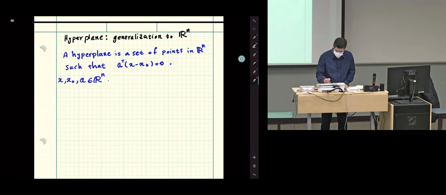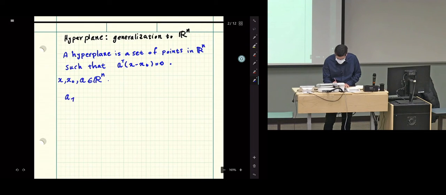Okay, if we expand this, we will get A1 x1 plus A2 x2 plus up to An xn.